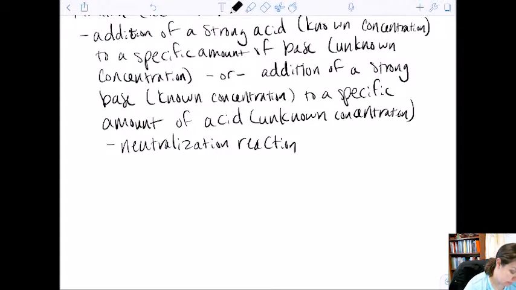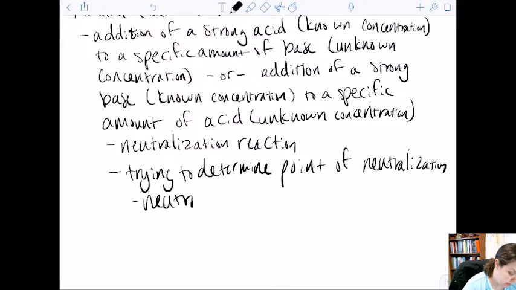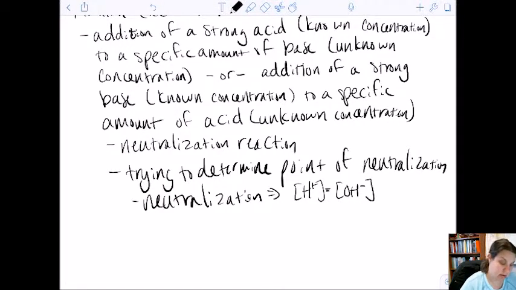So we're trying to determine the point of neutralization, because neutralization means concentration of H plus is equal to concentration of OH minus, right?